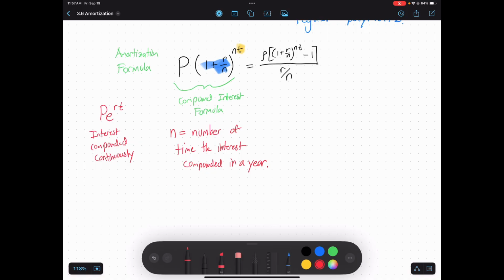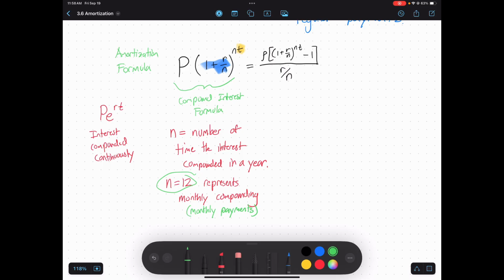If you think about situations where you have monthly payments, that means your interest is being compounded monthly. So n equals 12 represents monthly compounding, and we're going to use that for our monthly payments. I think all the problems on your homework deal with monthly payments, so n equals 12 is really what we're going to be using for all the homework problems.